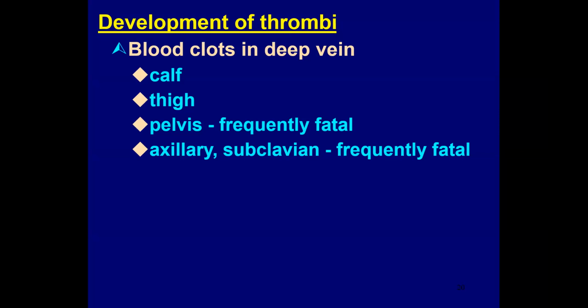The same is true with clots that form in the axillary and subclavian veins. These also produce emboli that are frequently fatal, simply because they're going to be larger clots. The larger the vein, the larger the clot will be.